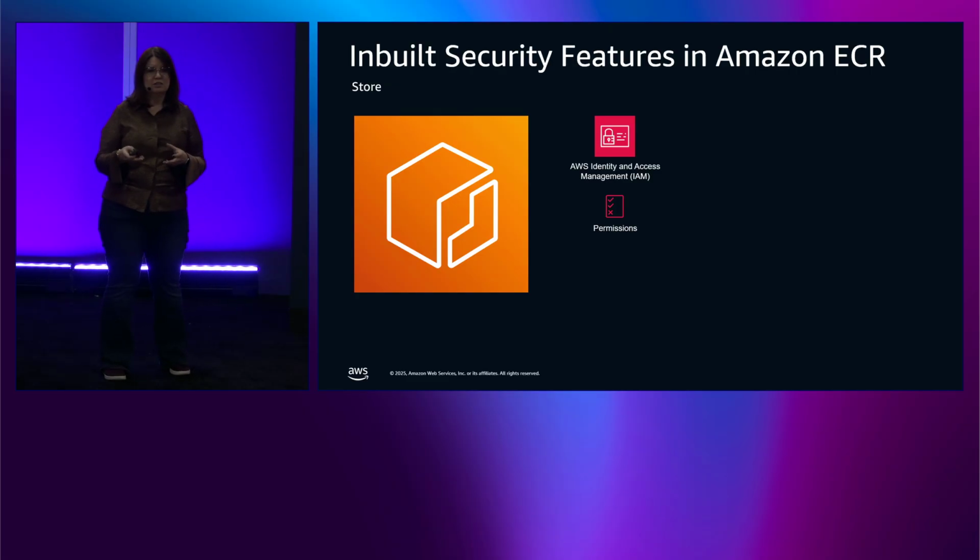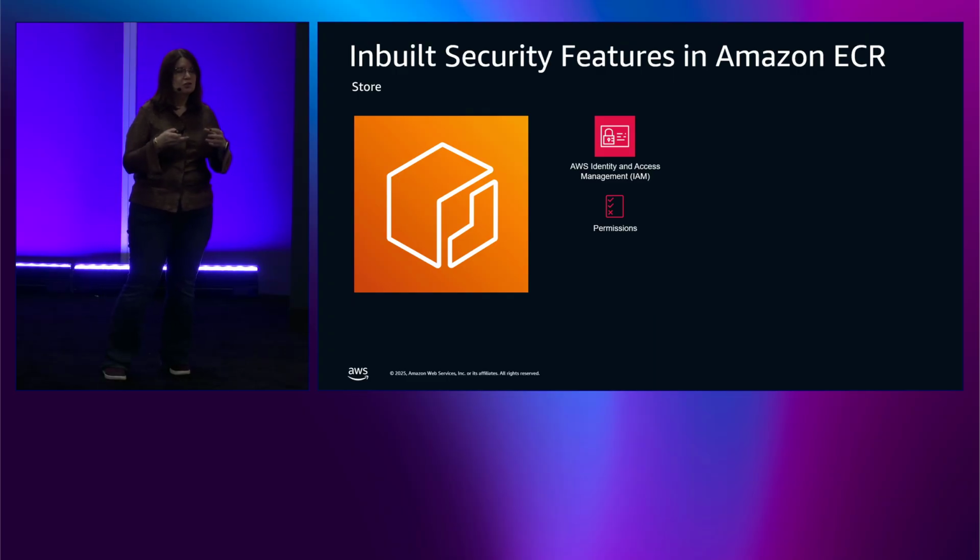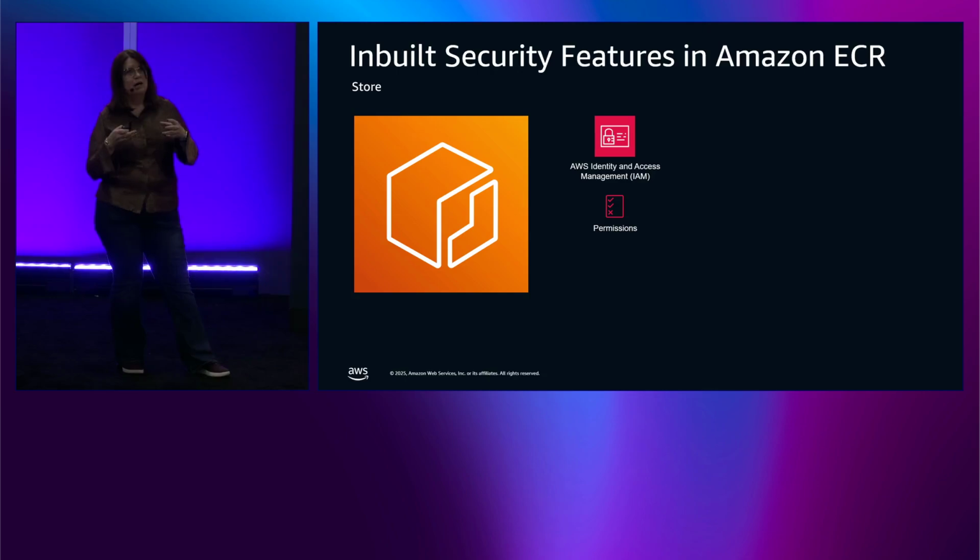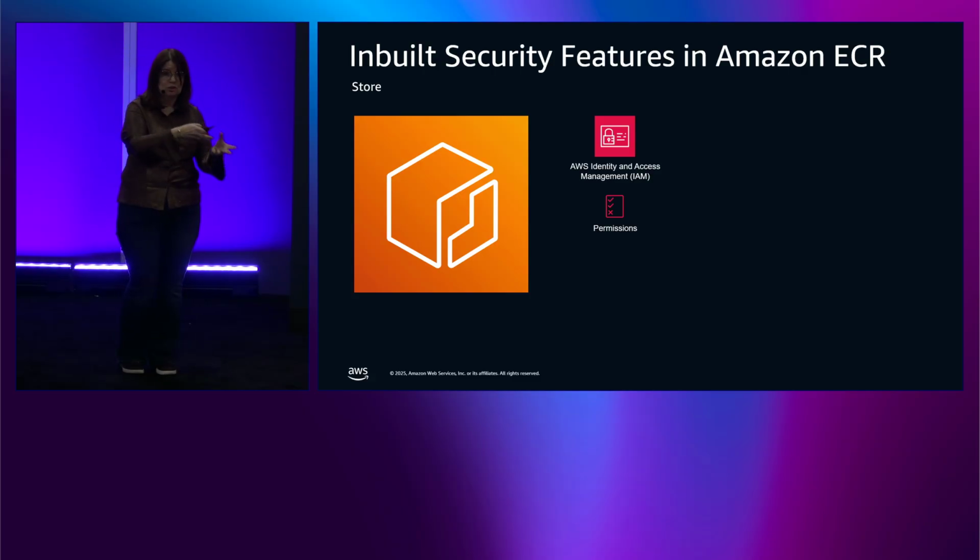This is important because within your container images, quite often you will have your company IP in there. So you want to protect that IP, you want to restrict who can get those container images, and by creating the right IAM permissions, you can control that.